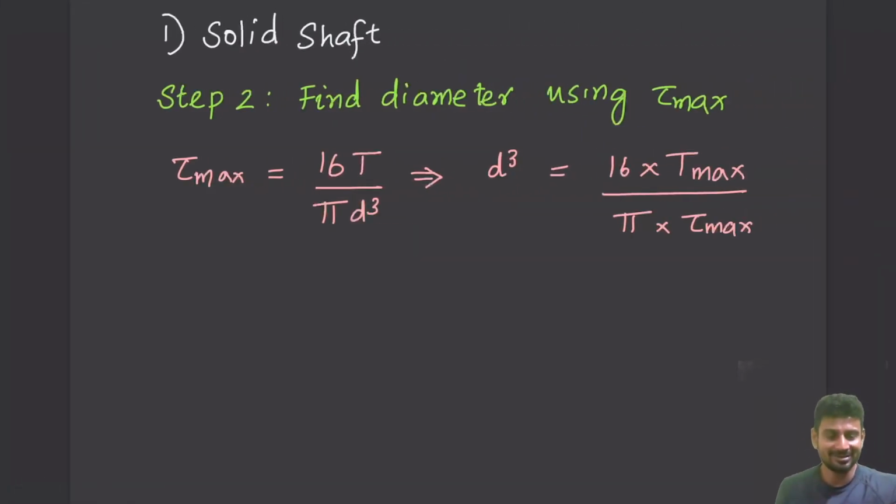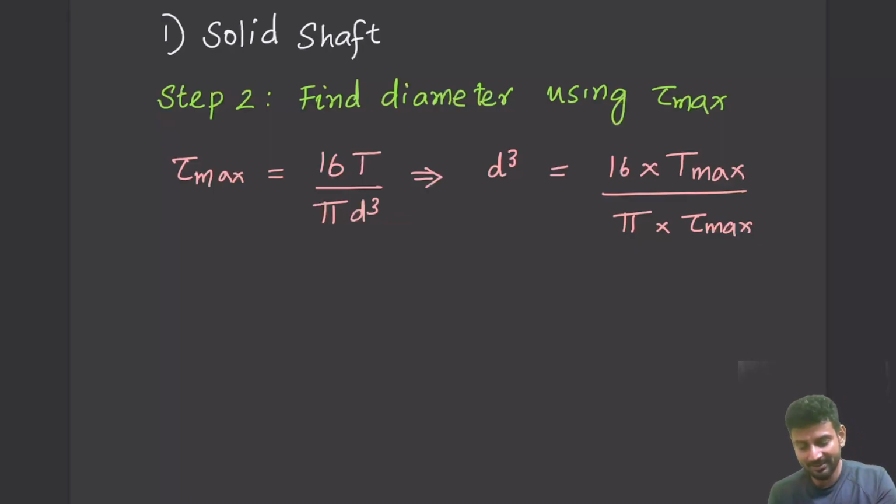Now we will start calculating the diameter. First we will calculate the diameter of the solid shaft. We know that the shear stress should not exceed the value of tau max, which is 40 Newton per millimeter square. The equation to calculate tau max is tau max equal to 16T by pi d cube, where T is the torque and d is the diameter.